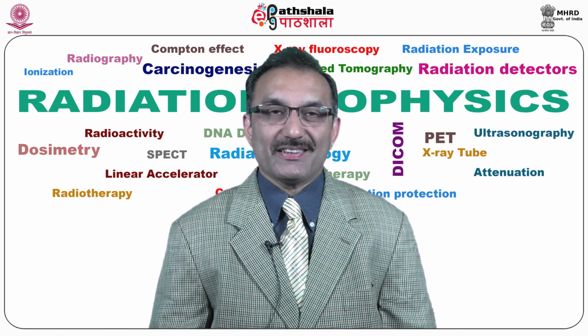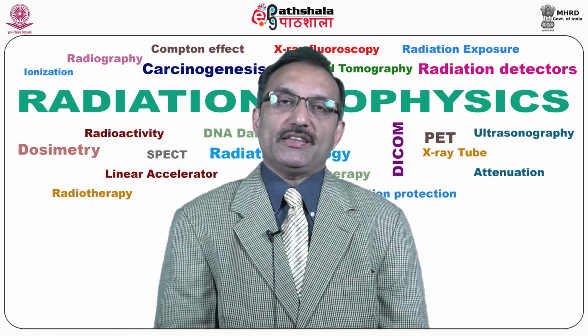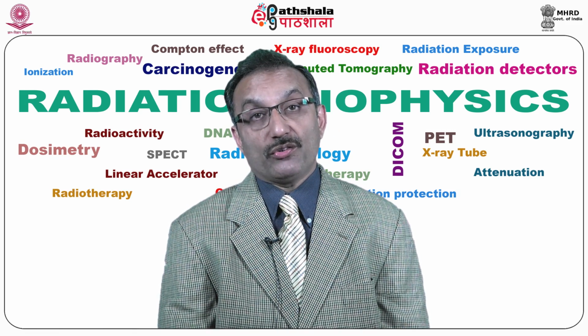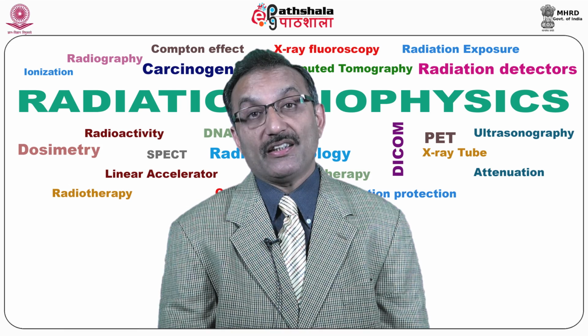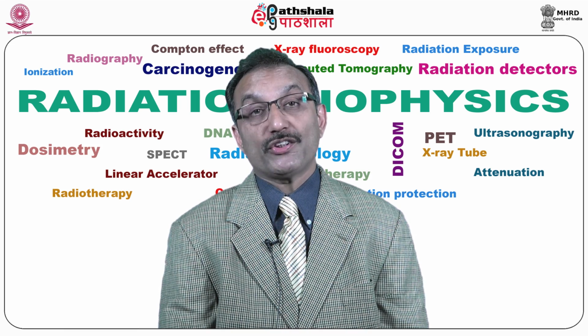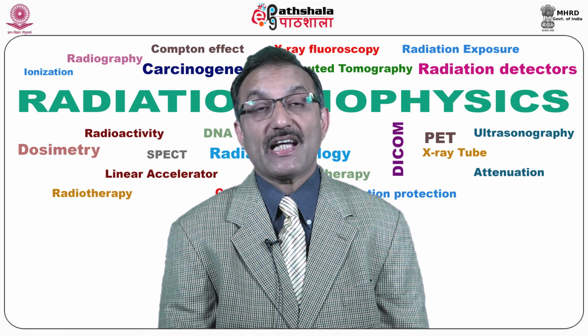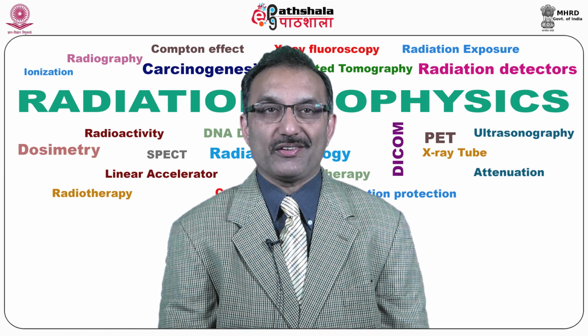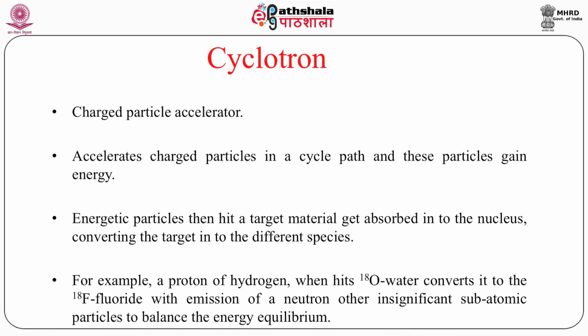Now, an important thing is, we have talked about it being a positron emitter. We know that a positron emitter is very good. The positron emitter finally annihilates and gives 2 photons, but how does the positron come out? Positrons are produced from a cyclotron, a charged particle accelerator.